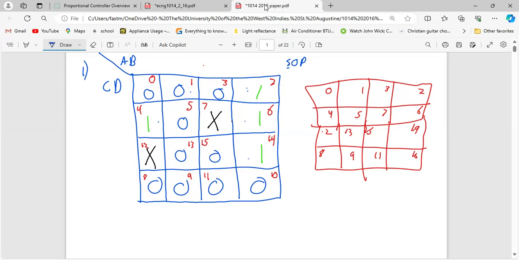So in this one here, the first thing I always do when I do these questions is think to myself, where's the biggest box I could get? If I make this don't care a one, because remember, the don't care could be a one or a zero, right? If I was to make this a one, I could do this.